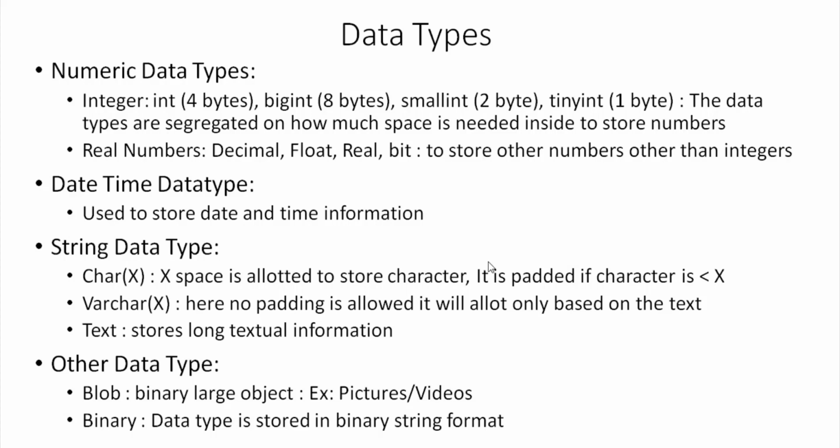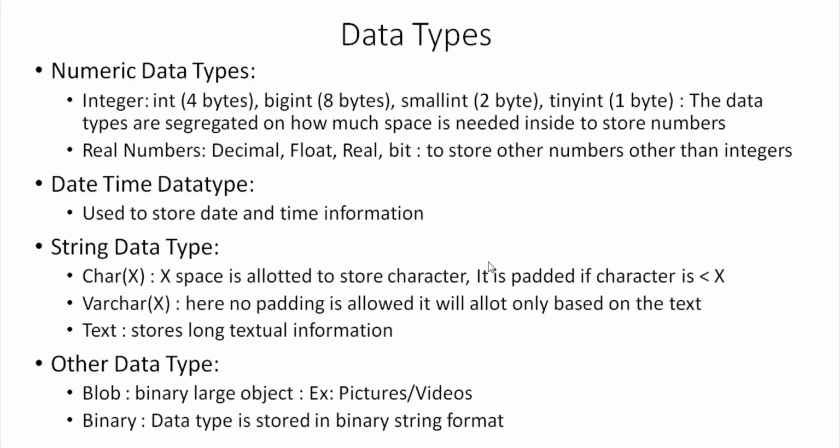They are all differentiated by the memory which is allocated. For int, 4 bytes; big int, 8 bytes; small int is allocated 2 bytes; and tiny int 1 byte. There are several others like money, small money, numeric. There are other numeric types which are real numbers, and the data type can be decimal, float, real.